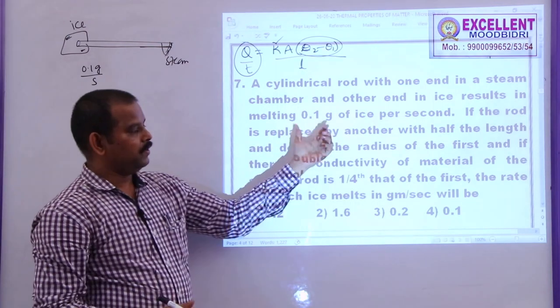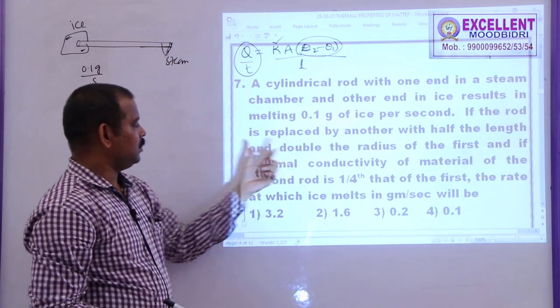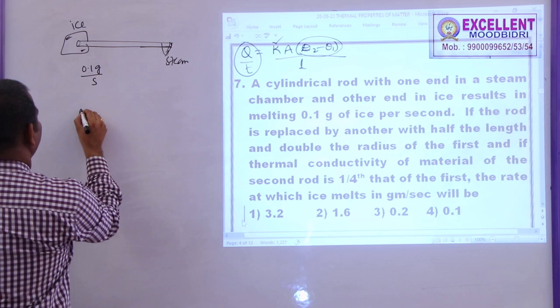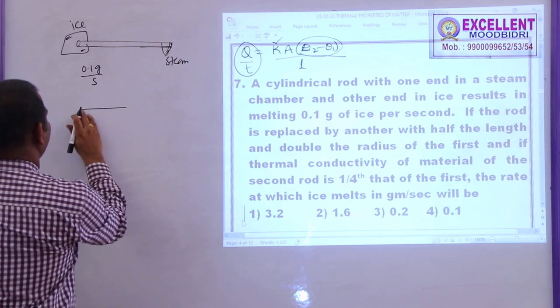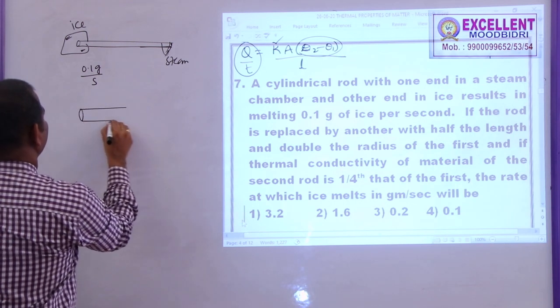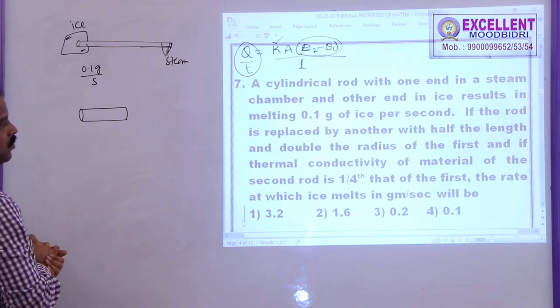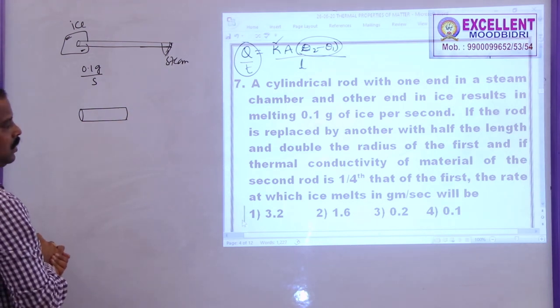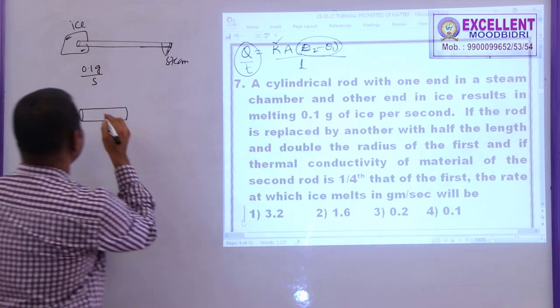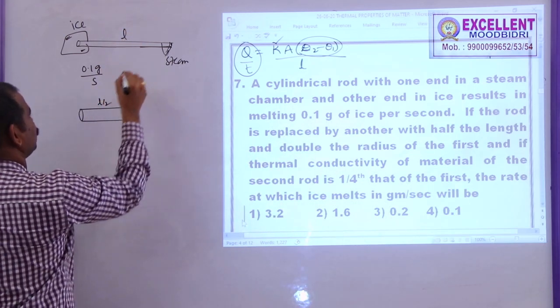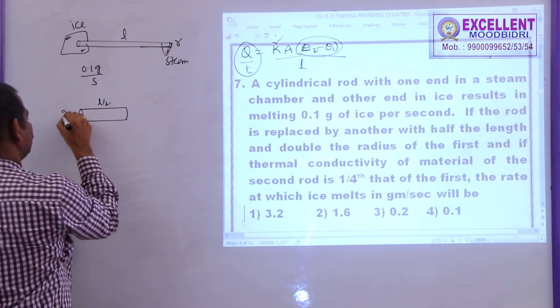If the rod is replaced by another rod of half the length and double the radius, then let me take half of the length, but the radius is doubled here. So I have taken the same rod, made of the same material. Now, half the length, this is L by 2, this is R, this is 2R.